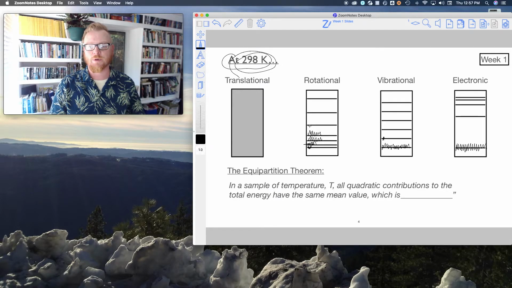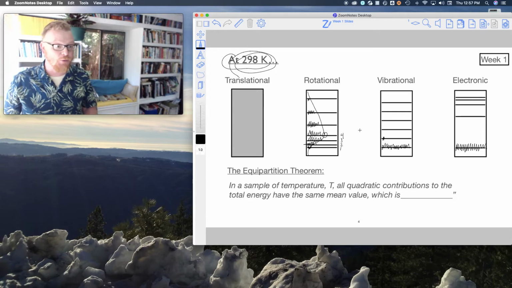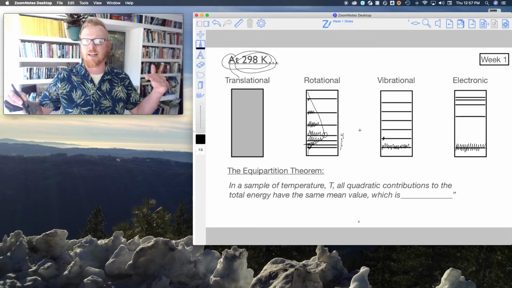Hopefully these little scribbles I'm doing make sense. If I scribble all the way over, that means the level is completely populated. So the rotational levels will have some kind of distribution where there will be some peak energy level, maybe 1, 2, 3, 4. Perhaps the fourth level of the rotations will be the most populated level.